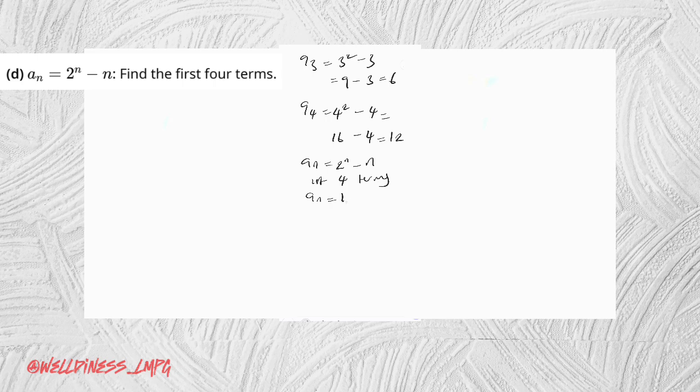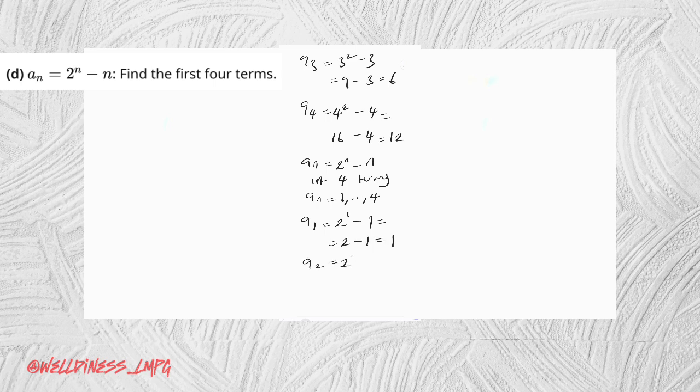And in this case, our expression is 2 raised to n minus n. Still nothing to be worried about. You just have to follow the process. So for a1, when you slot in 1, you are going to arrive at 2 raised to 1 minus 1. 2 raised to 1 will give you 2. 2 minus 1 will give you 1.